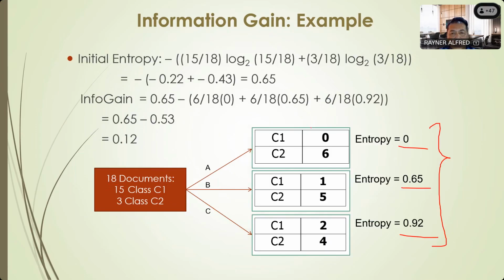The weightage of each is 6 out of 18. So the total entropy for this one set equals 6 divided by 18 times the first entropy, since we have 6 out of 18 documents, and then we repeat: 6 over 18 times 0.65, plus 6 over 18 times 0.92.